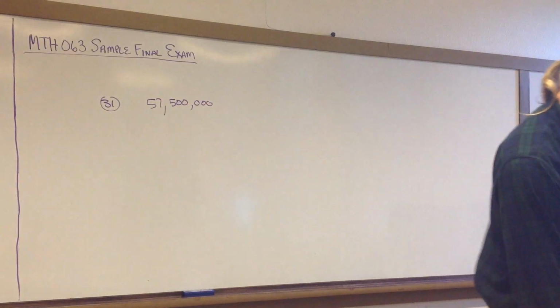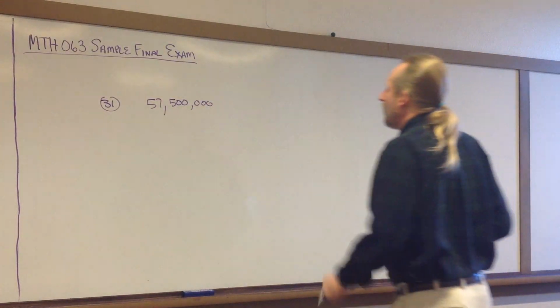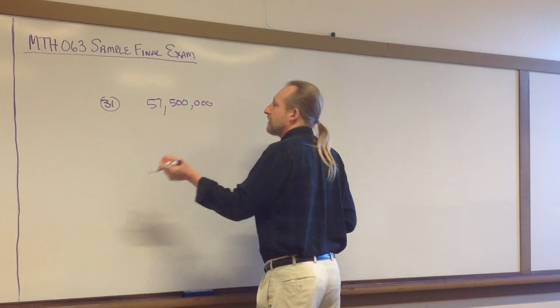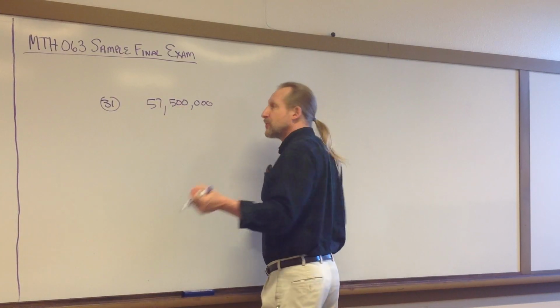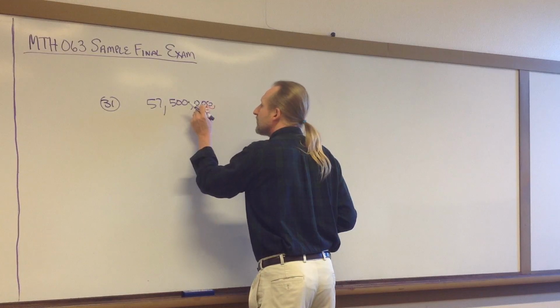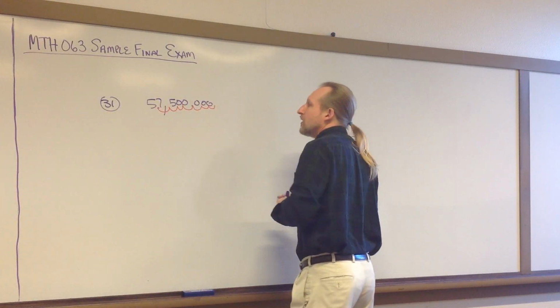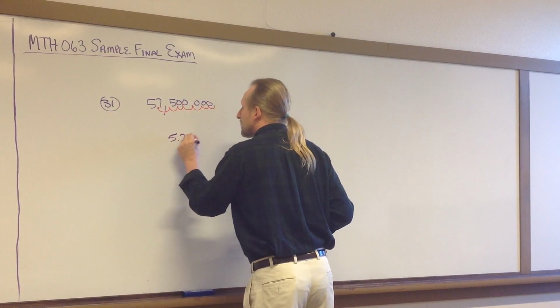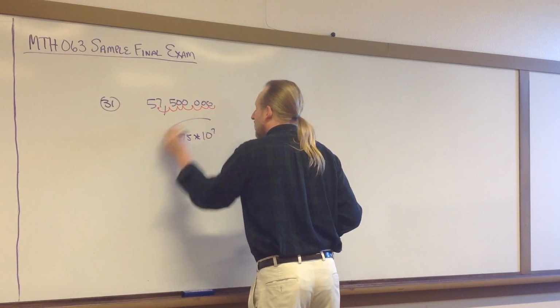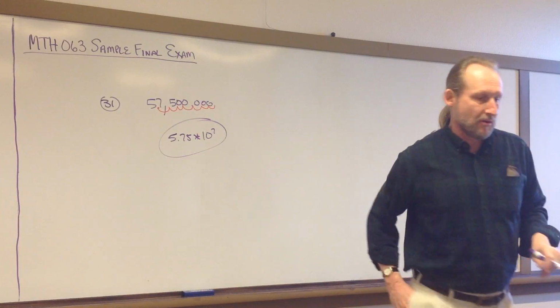Okay? So, we're going to take that decimal point, and how far do we have to move it until our number is between 1 and 10? 1, 2, 3, 4, 5, 6, 7 places. So, this is 5.75 times 10 to the 7th power.